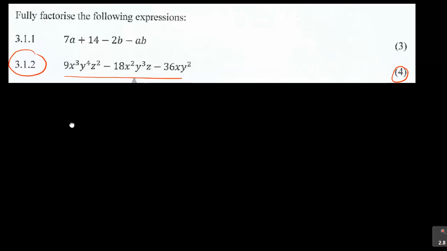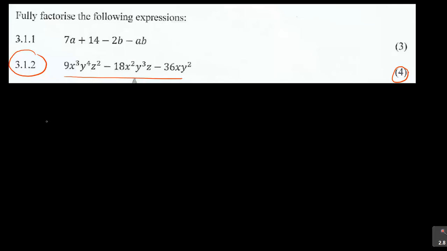Alright, next one, 3.1.2, you are given that and it's 4 marks. Remember, what is the question saying? Fully factorize the following expressions. So don't lose out what you are doing. You are factorizing.